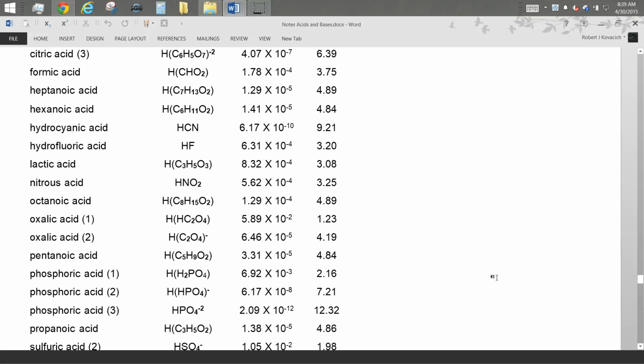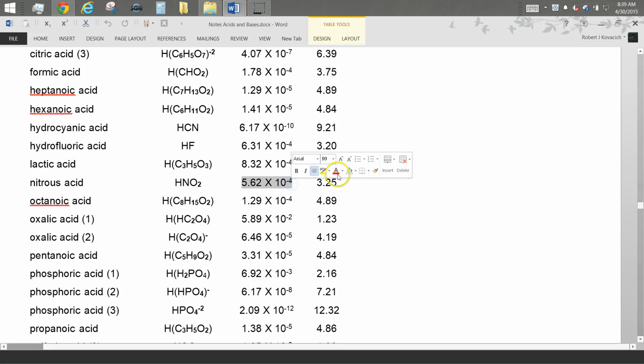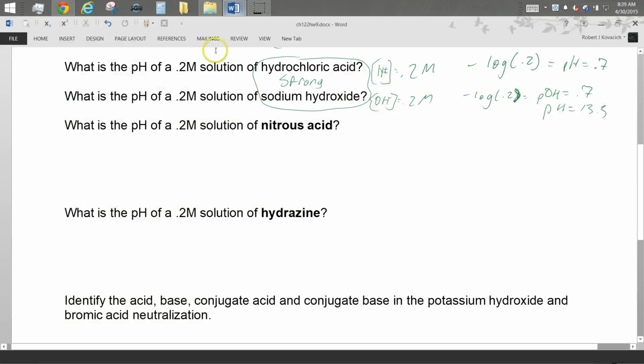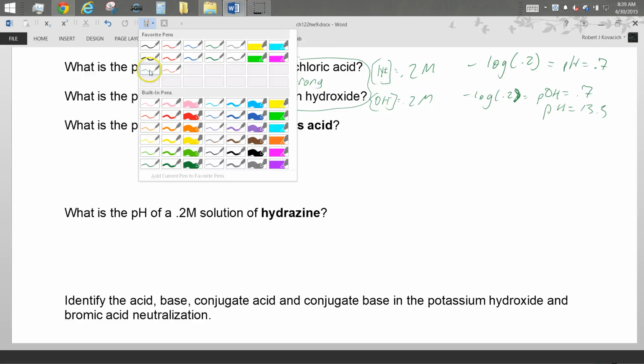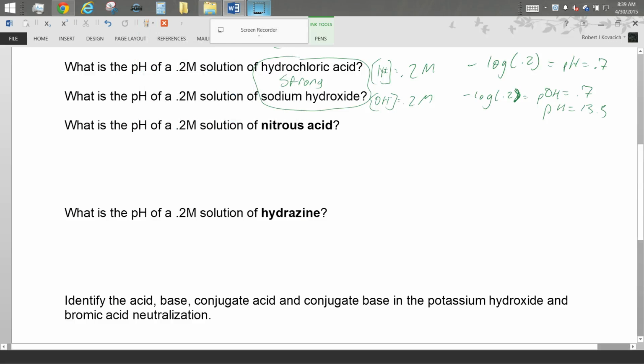Okay, so we've got nitrous acid here, and there's its Ka, 5.62 times 10 to the negative fourth.